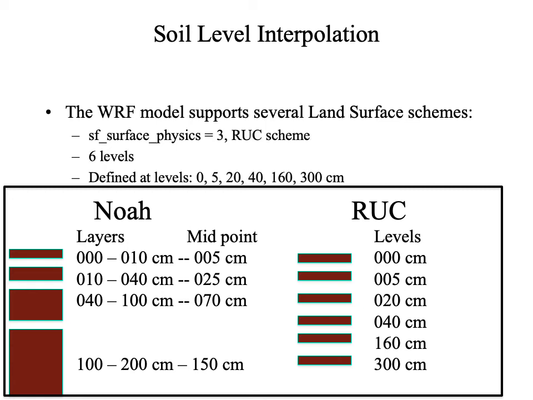If we opted to use a 6-layer RUC scheme, or if we opted to use a 2-layer PX scheme, what we end up with is not only differing levels in the input data, whether NOAA or RUC, to interpolate the data to, we end up with different numbers of levels of data that we interpolated to. The WRF model allocates space based on the number of levels that are defined or suggested because of the land surface model option.